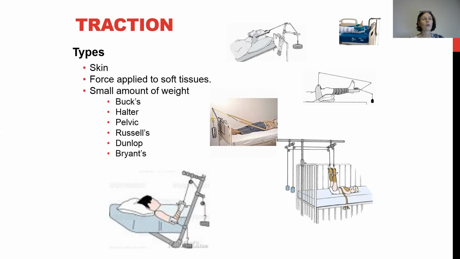It's in the upper right corner. It's a color picture. It shows a blue egg crate-like thing wrapped with a boot that's attached to somebody's leg and ankle. That is a Bucks boot, and it's most commonly used for a patient with a hip fracture. Once that is aligned and the healthcare provider has placed that as he wants it placed and prescribed the appropriate amount of weight, then that's going to stay on that patient.